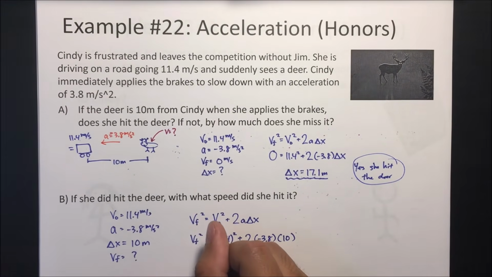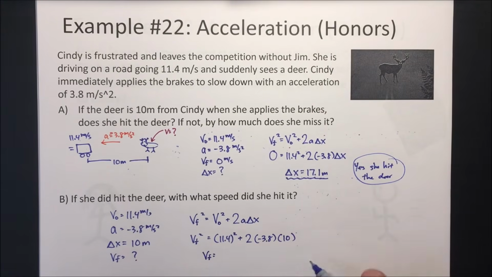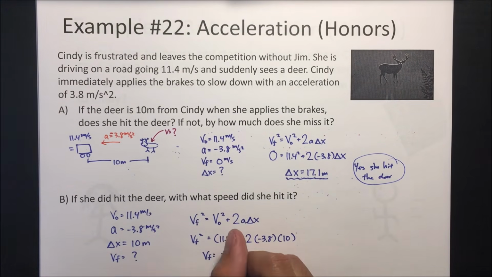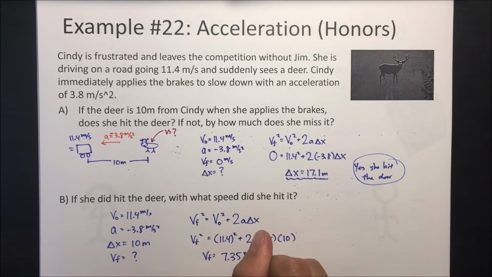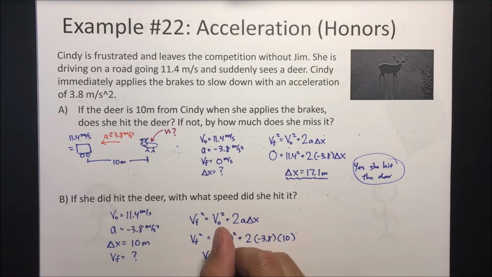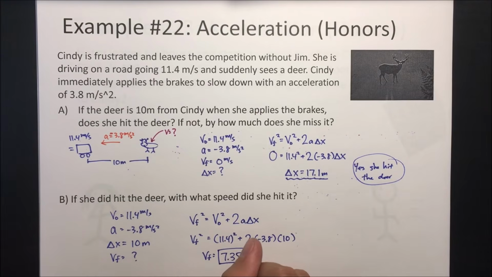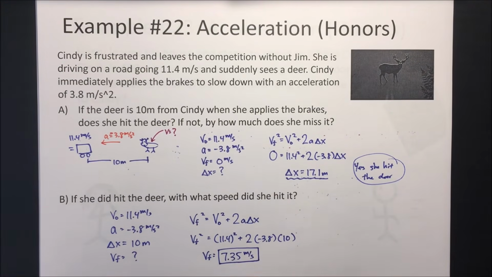Remember that this is squared, so we're going to have to find the square root of all of this at the end. But we should come up with an answer at the end of 7.35 meters per second. Okay.